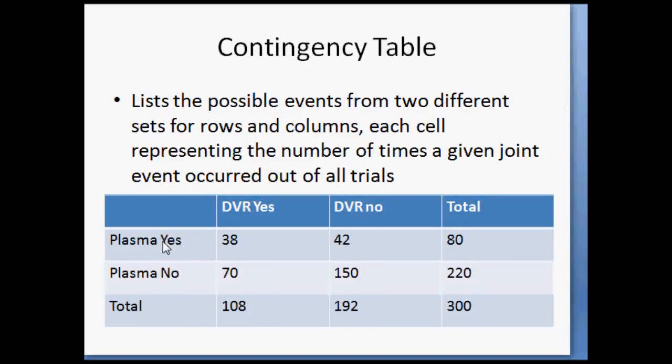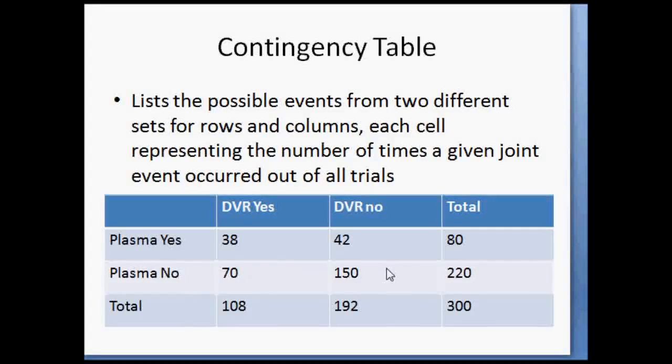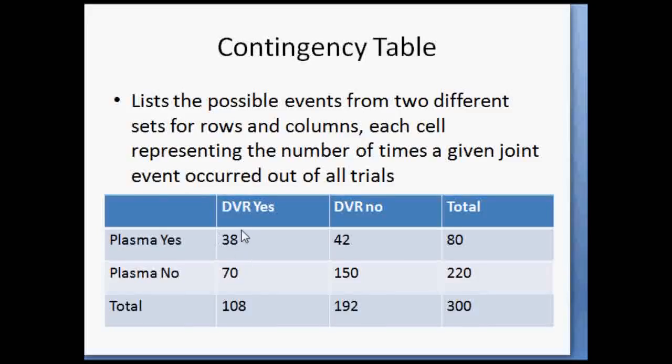So in order to do that, we need to focus on the plasma yes row. If you think about it, 80 people bought a TV. Of those 80, 38 bought a DVR. So the chance that I buy a DVR, given I've already bought a TV, is simple to see from here.